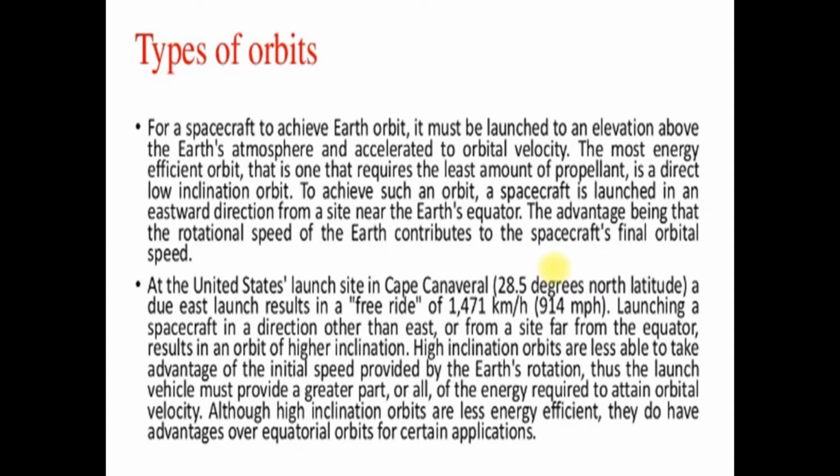To achieve such an orbit, a spacecraft is launched in an eastward direction from a site near the Earth's equator. The advantage is that the rotational speed of Earth contributes to the spacecraft's final orbital speed.